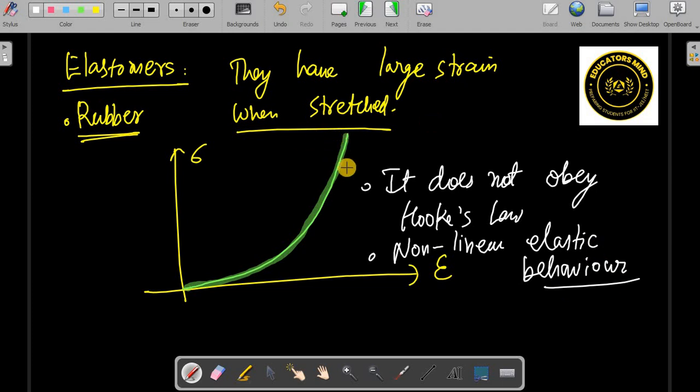And what about the plastic behavior for such substances? So plastic behavior or plastic region is not well defined.